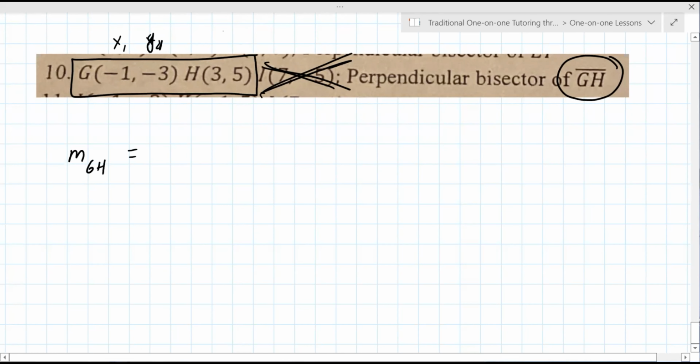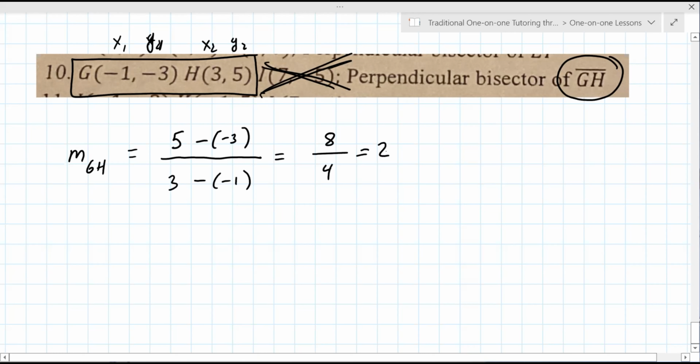So that's x1 and y1. If it happens to be flipped, it actually still works out. That's one of the advantages of the slope formula. So this is 5 minus -3, 3 minus -1.